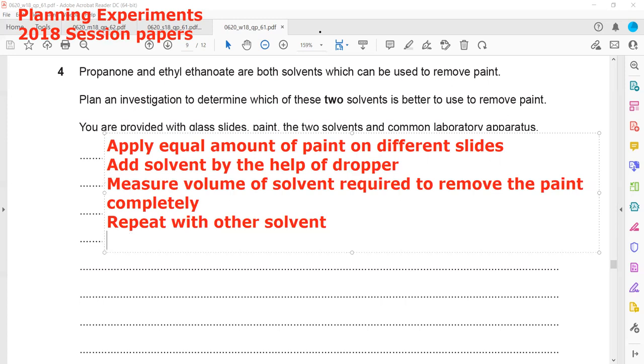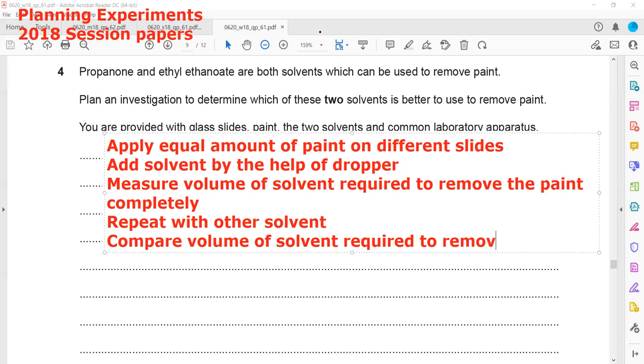and how will we compare? We'll compare the volume of solvent needed to remove the paint.